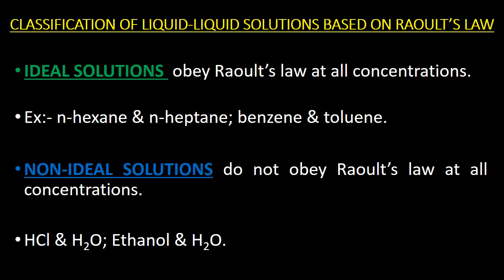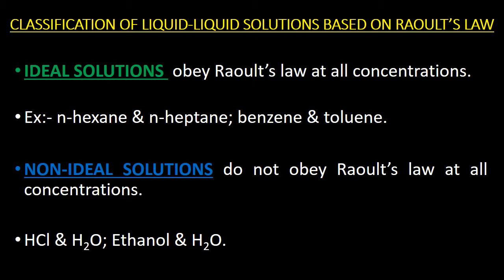In this session, I am going to discuss classification, properties and differences between ideal and non-ideal solutions. First, let us know the classification of liquid-liquid solutions based on Raoult's law. There are two types, ideal solutions and non-ideal solutions. Ideal solutions are the solutions which obey Raoult's law at all concentrations.